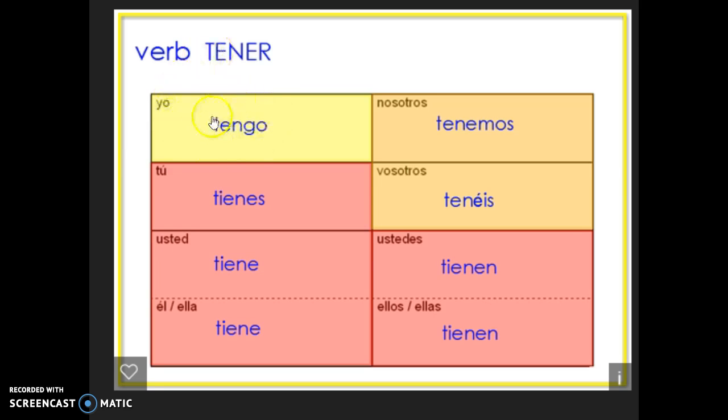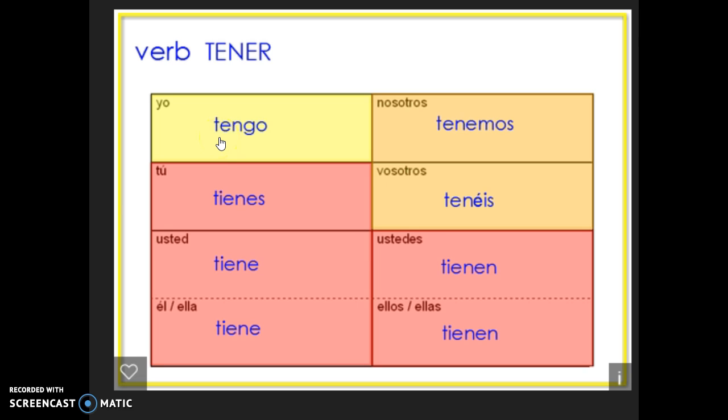In the first person singular, tener goes to tengo. It's a go verb because there's not a G in the original stem of tener, but when you conjugate it, a G magically appears. It's a high top verb because if you can imagine a high top shoe up next to the conjugating chart, it would look a lot like this. The difference between a high top verb and a boot verb is that a boot verb includes the first person singular having a stem change, and a high top verb does not.